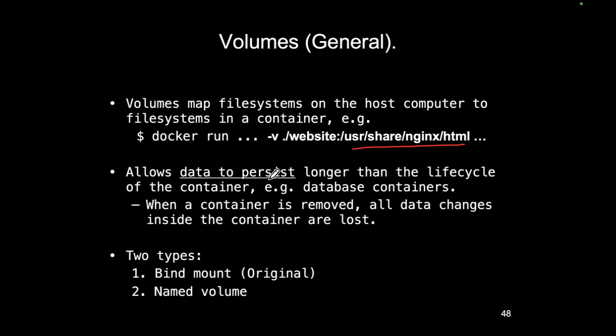So if I start up a container, let's say it's a database container, though it could be any container running any image, and I have a volume mapping for it, and during the running of that container it makes changes to this particular path here, to files inside the HTML folder, when I shut down that container, all of those changes would be lost.